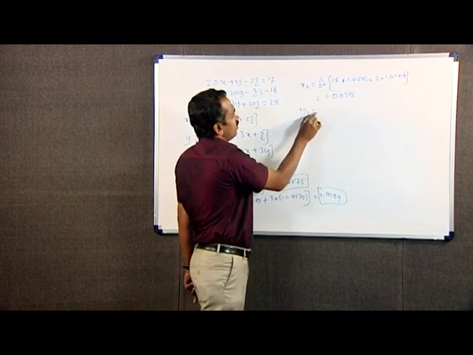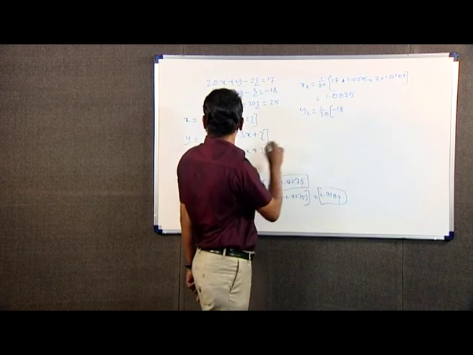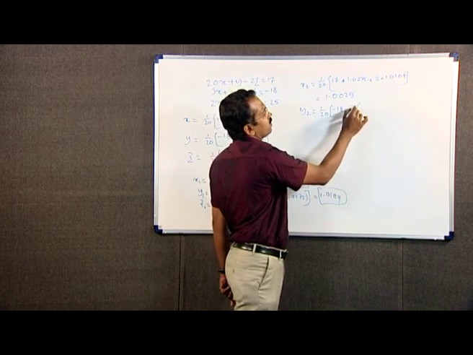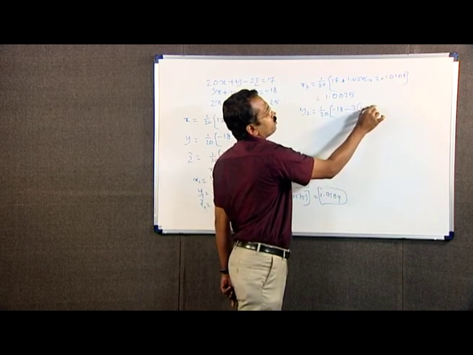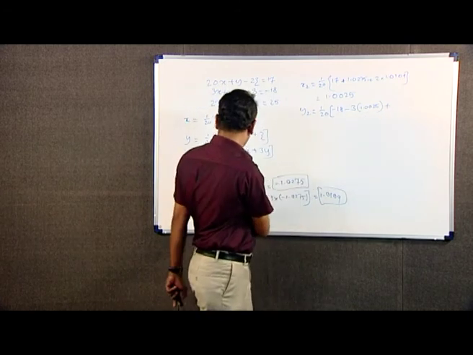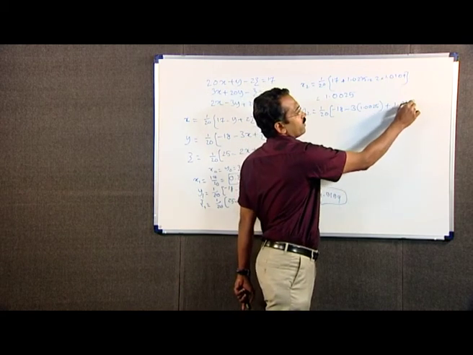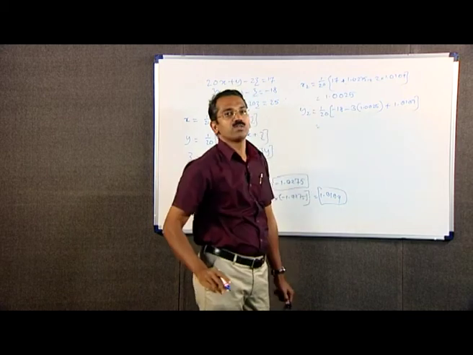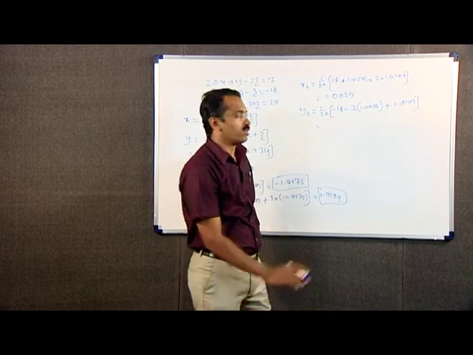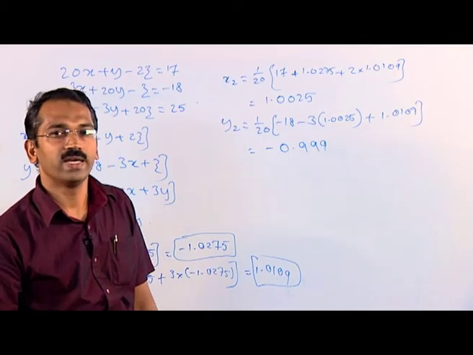y2 is equal to 1 by 20 into minus 18 minus 3 into x2, x2 is 1.0025, plus z1, that is 1.0109. On simplification, we will get y2 is equal to negative 0.9998.